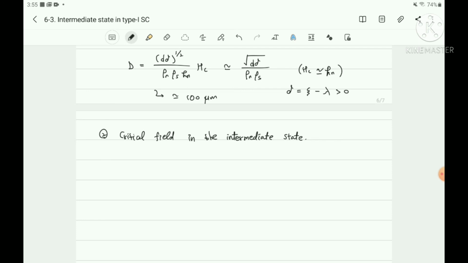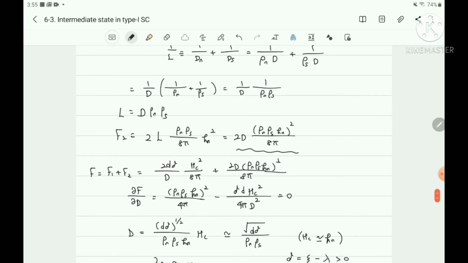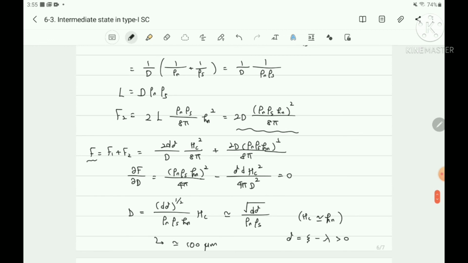Therefore, from this, let's consider the free energy density in the intermediate state. From the above, this F is not a Helmholtz free energy but interface energy.